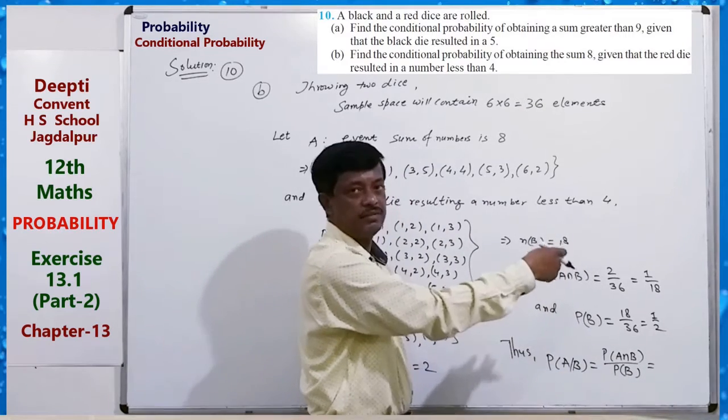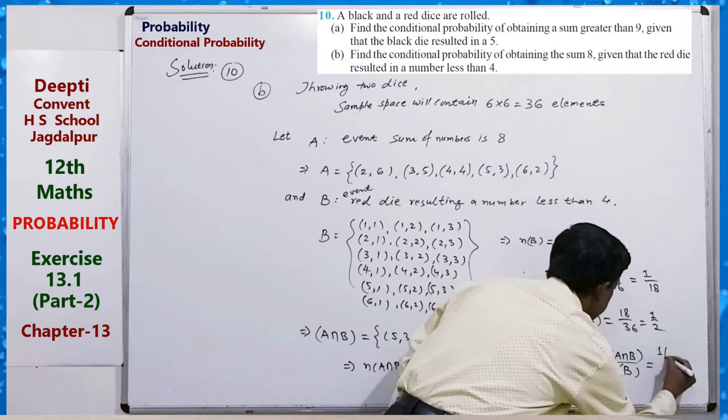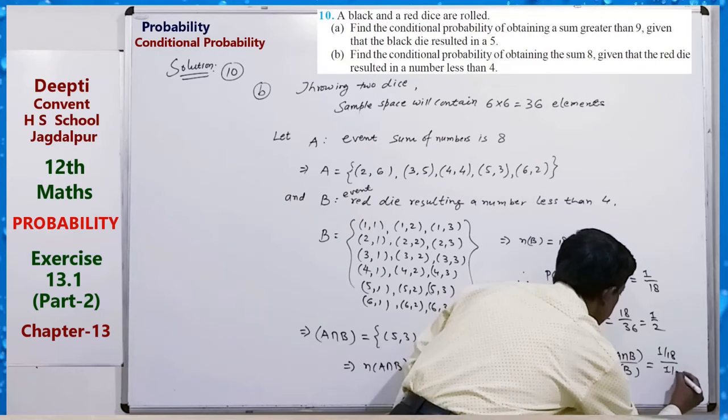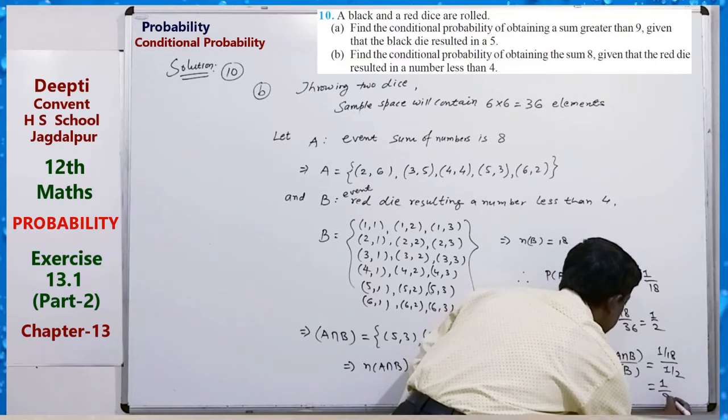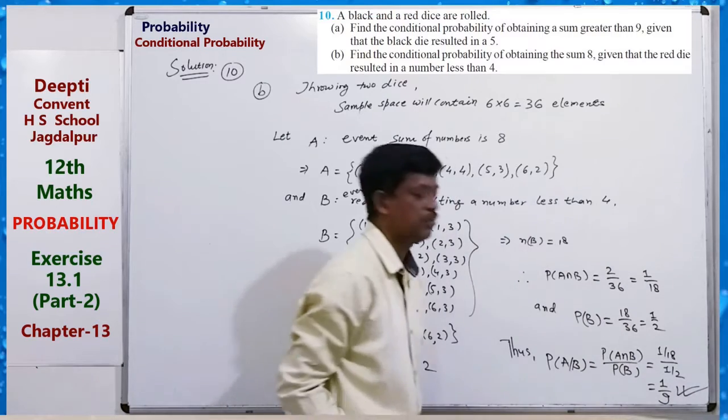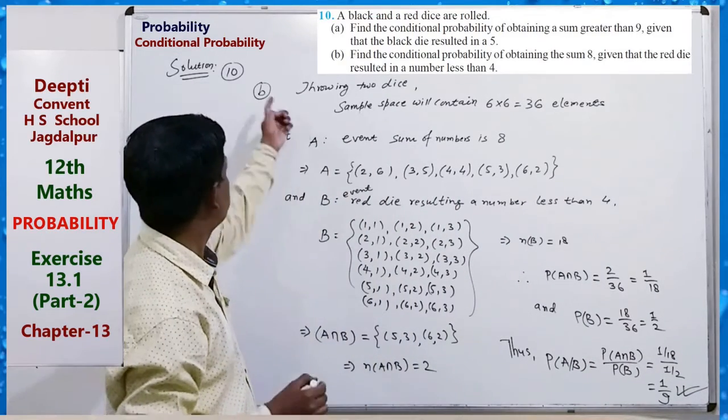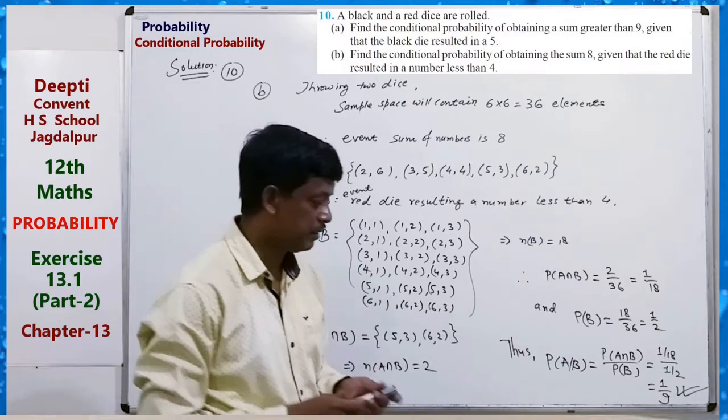Just write the value: 1 by 18 upon 1 by 2 equals 1 upon 9. So this is the answer. 1 by 9 is the answer. That was the second part of 10B. Okay.